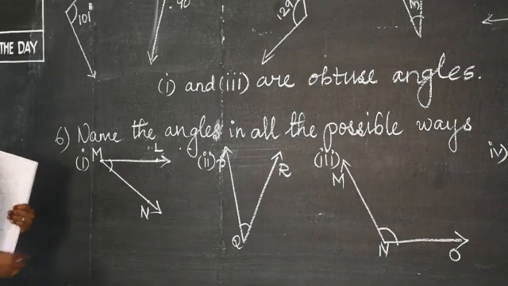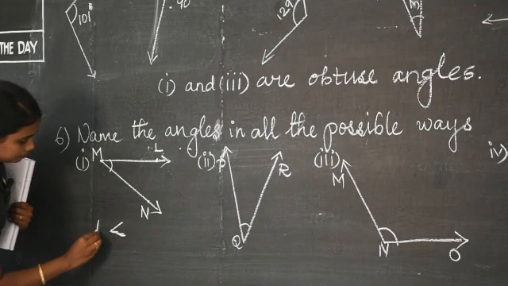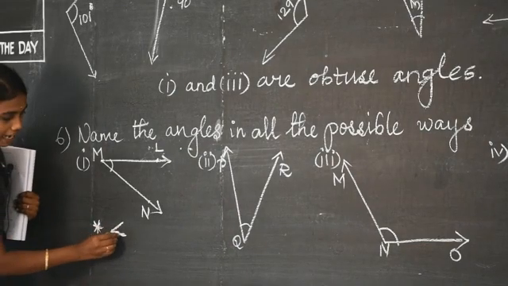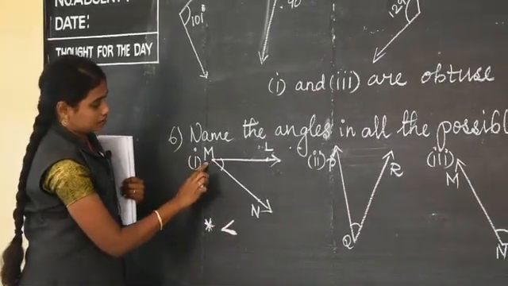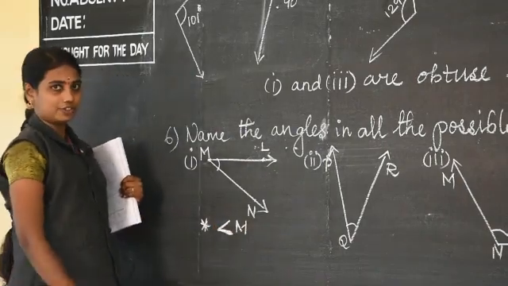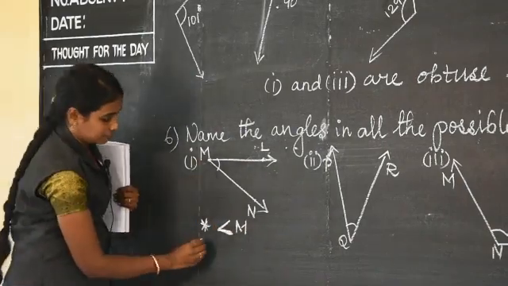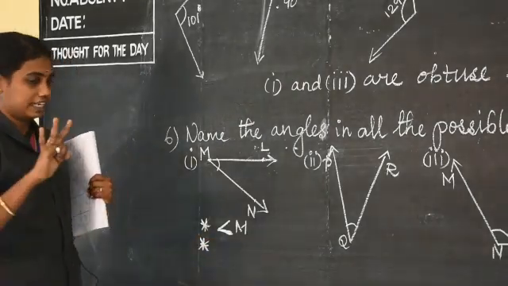So we know the angle symbol, like this. Now with the angle symbol, first letter M: angle M. This is the 1 letter way. Then you can go for the 3 letters.